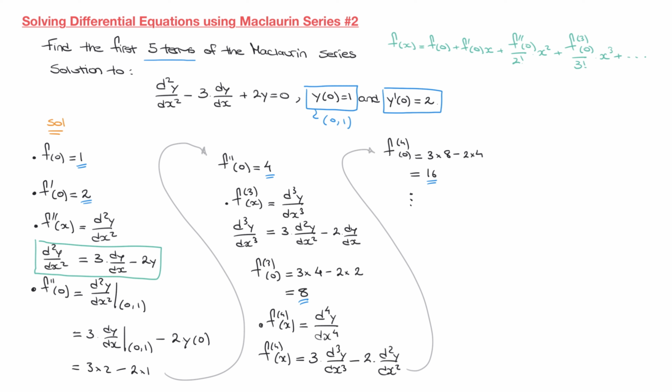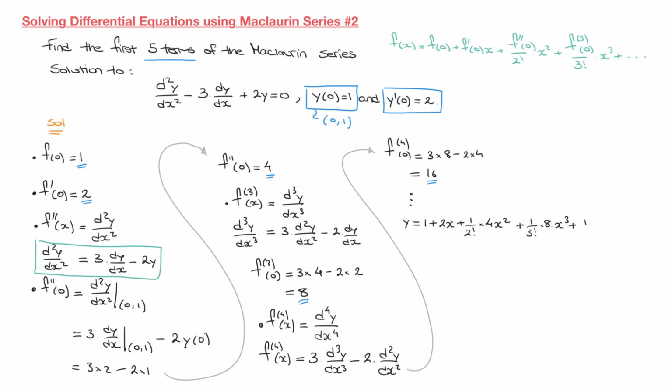So let's go ahead. We can state that y is equal to f of 0, which is 1, plus f dash of 0 times x, so that turns into 2x, plus the second derivative at 0 over factorial 2 times x squared, and I like to write that as 1 over factorial 2 times the value of the second derivative, which was 4, times x squared, plus the value of the third derivative at 0, which we found is 8, over factorial 3, and I'll write that as 1 over factorial 3 times 8 times x cubed, plus the value of the fourth derivative evaluated at 0 over factorial 4 times x to the power of 4.